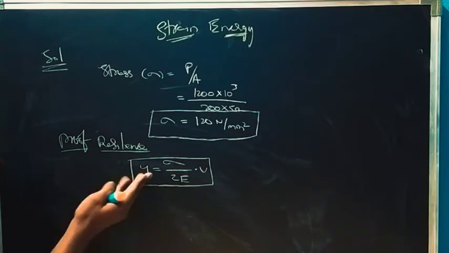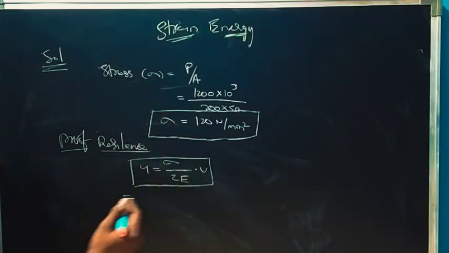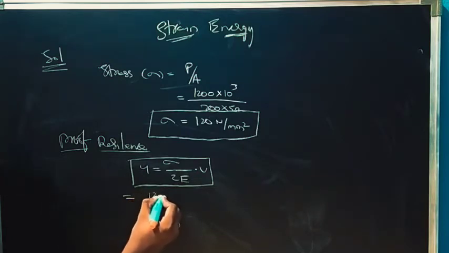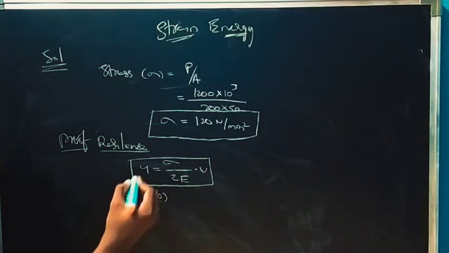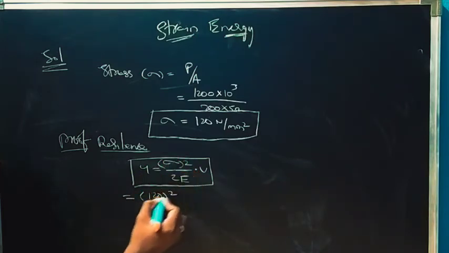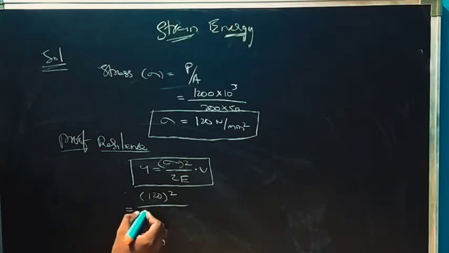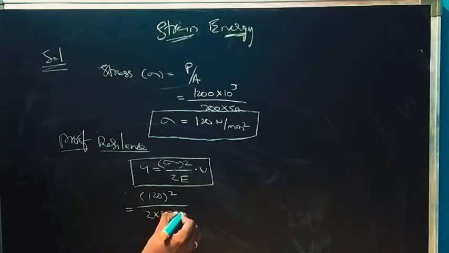So we know sigma now, that is stress, is 120. So put the values, 120 whole square upon 2 into 200 into 10 to the power of 3.